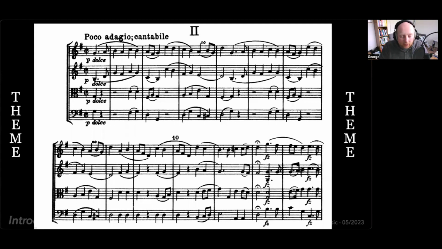So if we start with the theme itself, it's a good place to start in the theme and variations. We can see that it is plainly set in a homophonic melody and accompaniment texture. The second violin outlines the melody harmonically, as we can see here. It's got the same sort of rhythm for the majority of this extract, against the first violin, and obviously that's a homophonic texture.